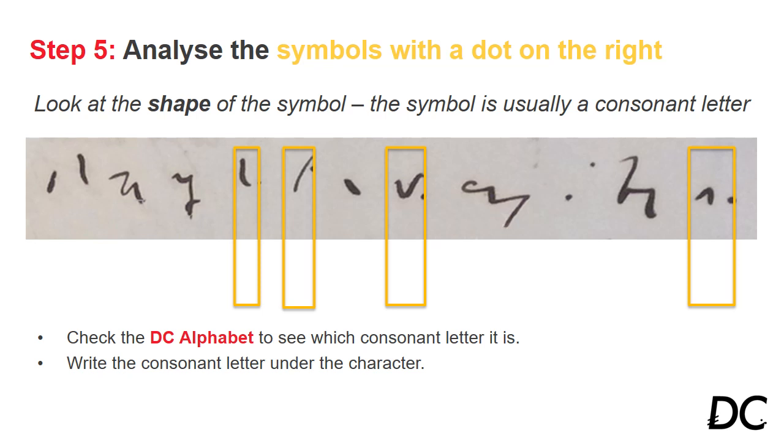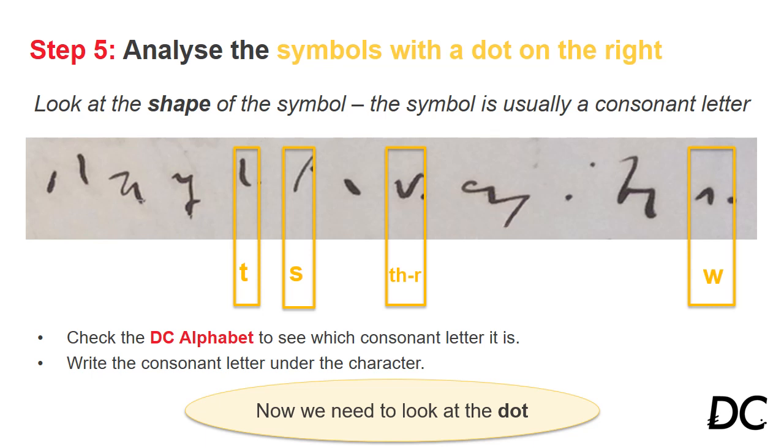So in the first yellow box, the vertical line symbol stands for a T. In the second, the diagonal line stands for an S. In the third, which is very difficult, it stands for TH and R. And in the fourth, it stands for W.